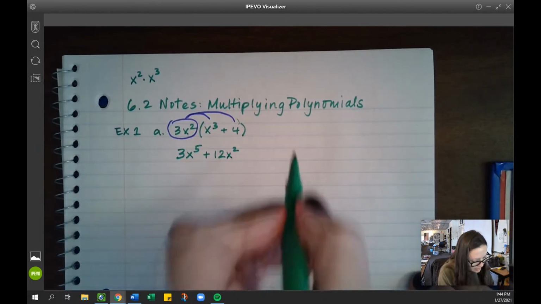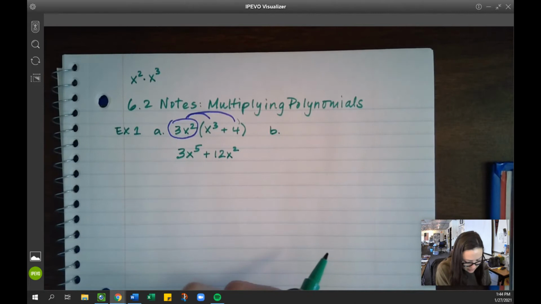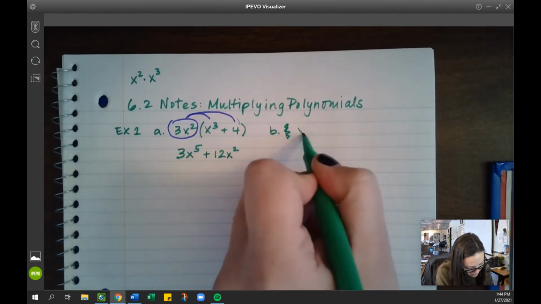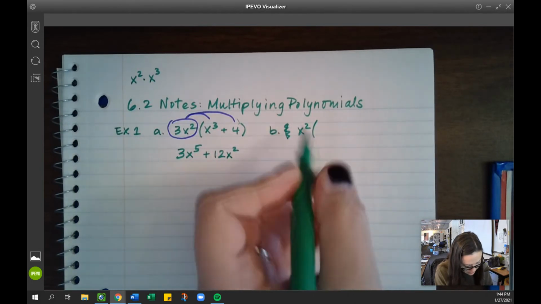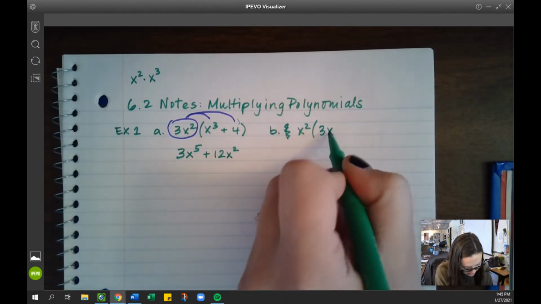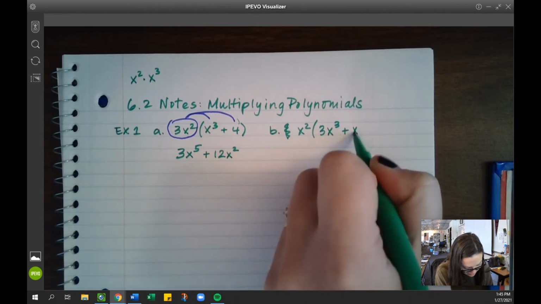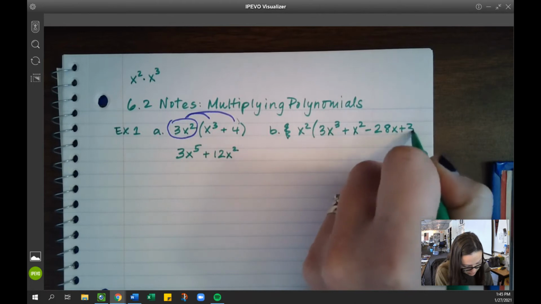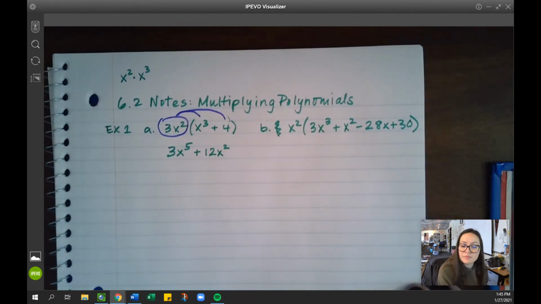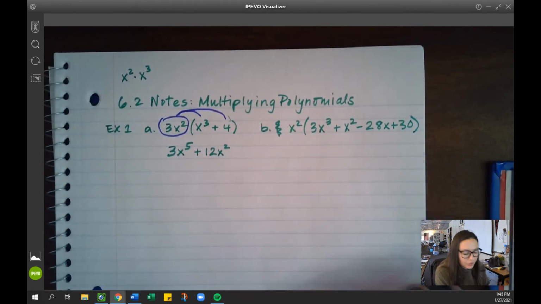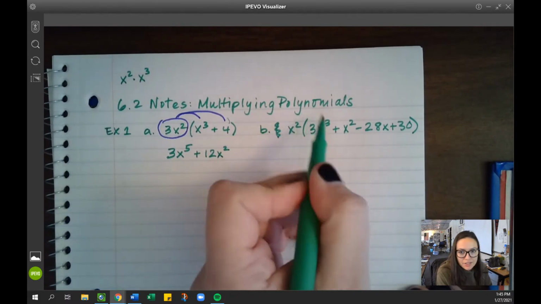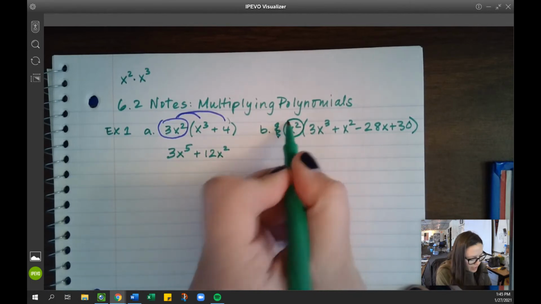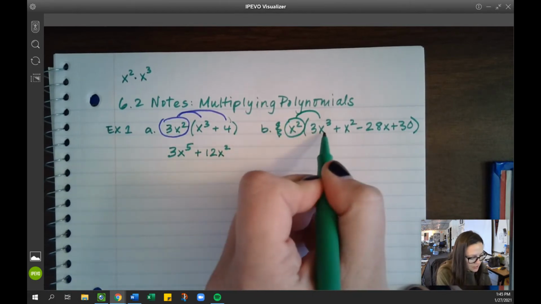All right, let's try another one here. Let's say I have x squared times 3x cubed plus x squared minus 28x plus 30. Okay, so I'm going to go through and multiply x squared to every term. So x squared times 3x cubed.